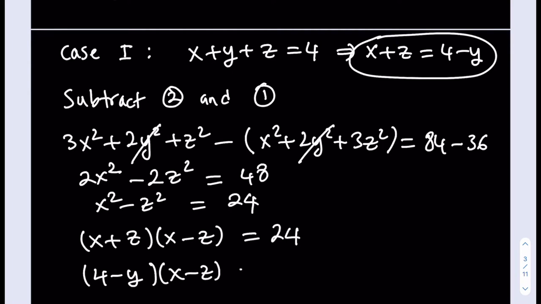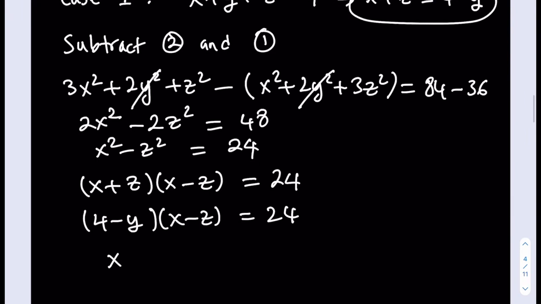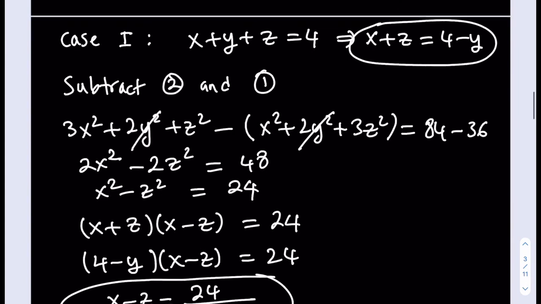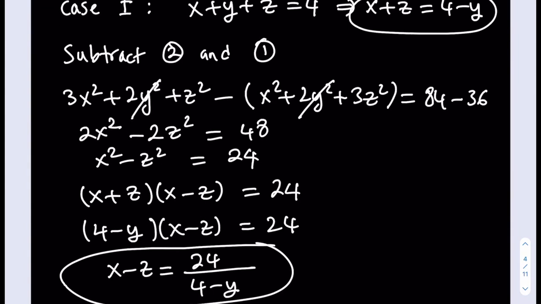And from here, we're actually able to solve for x minus z. Let's go ahead and isolate that by division. It's going to equal 24 divided by 4 minus y. So now I kind of got like a system of equations for x and z. And suppose y is kind of like a constant at this point. We can actually solve this system, right?